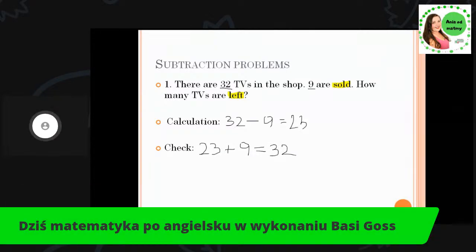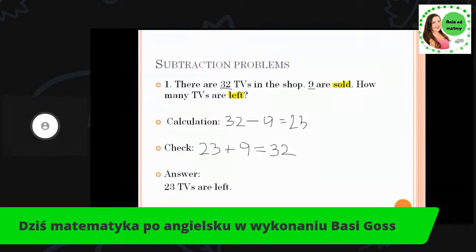And we have the next step, which is answer. Great. And I always ask my students to write full sentence, not just a number. Some people would like to write just 23, but we would like the sentence. And we've got a beautiful sentence here from Bartek. Very good. Correct answer using sentence can be 23 TVs are left.